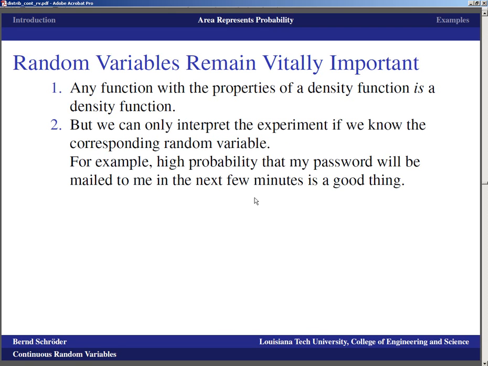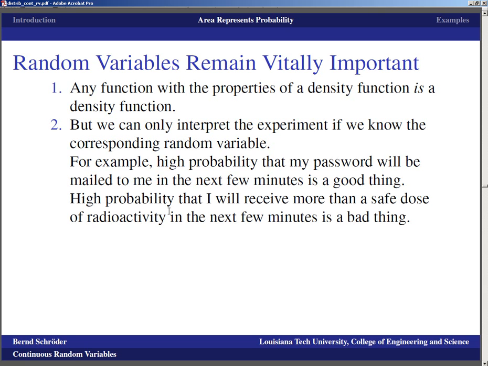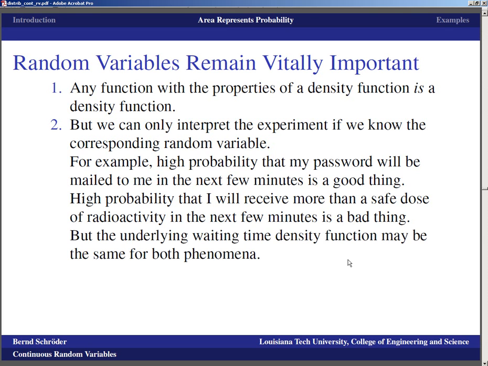For example, high probability that my password will be emailed to you in the next few minutes. That's a good thing if I'm waiting for a password to sign up for something, or because I want to make a purchase of something, and it's actually a useful purchase. However, high probability that I will receive more than a safe dose of radioactivity in the next few minutes, that's a bad thing, right? And yet the underlying functions, which are then called waiting time density functions, may be the same for both phenomena.